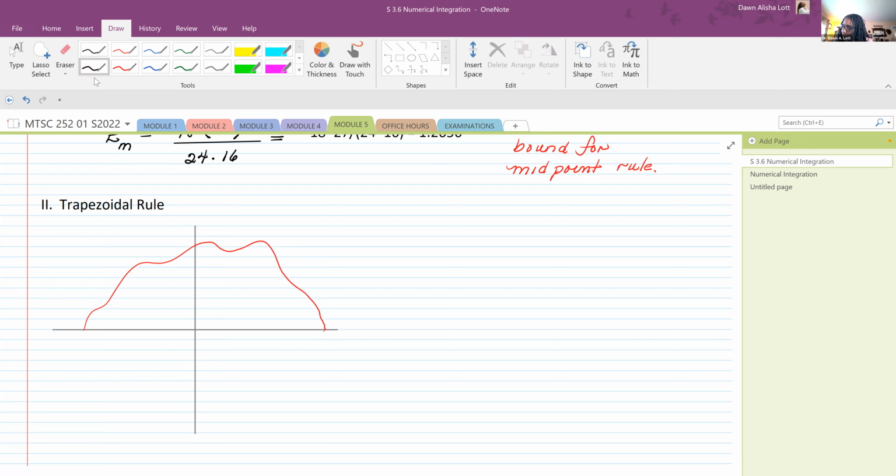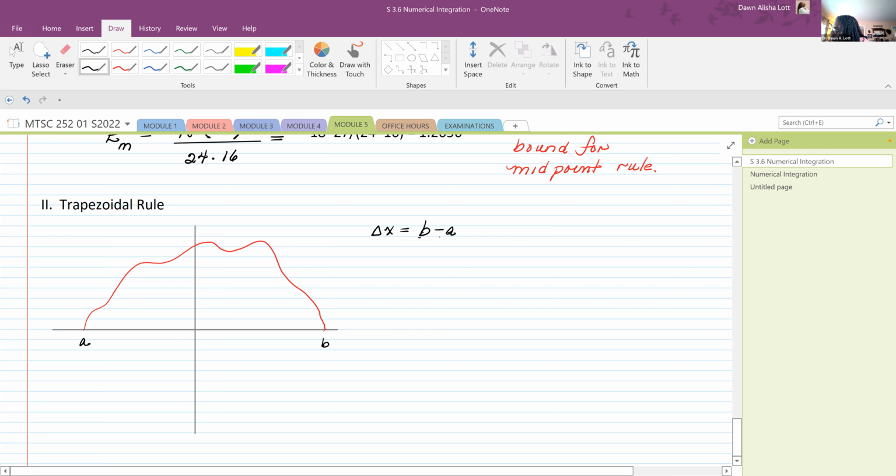So again, we're on the interval AB. And again, delta x is b minus a over n. So we're going to take and divide this up into n equally spaced regions. I've been just using 6 just because it works.